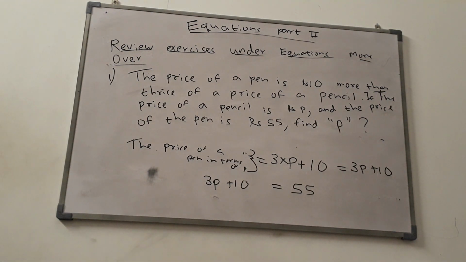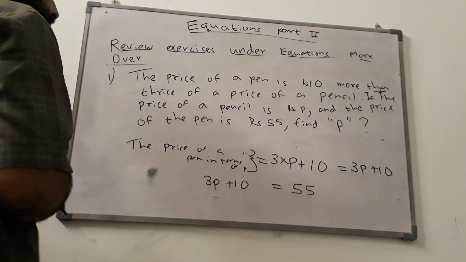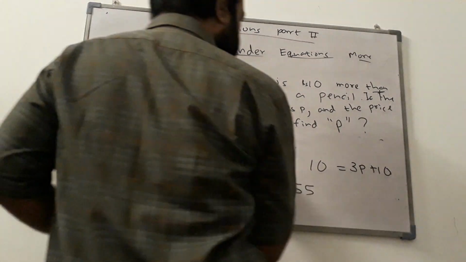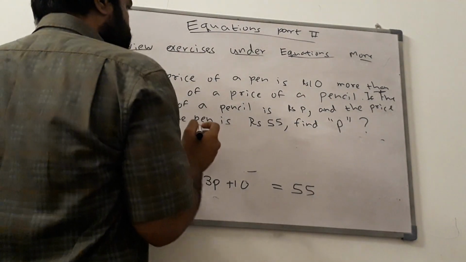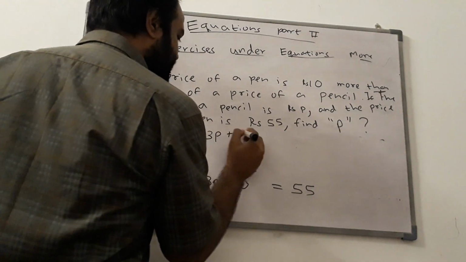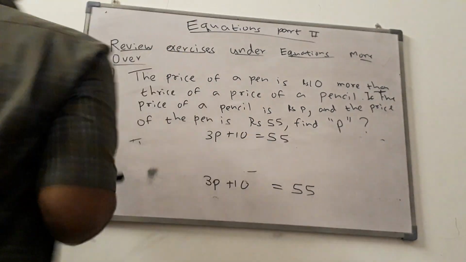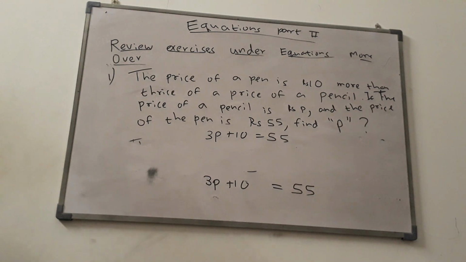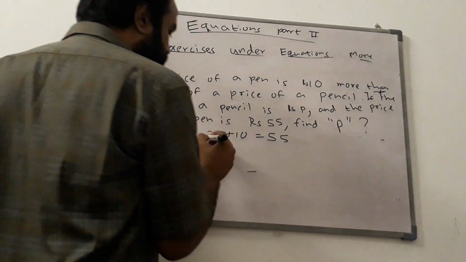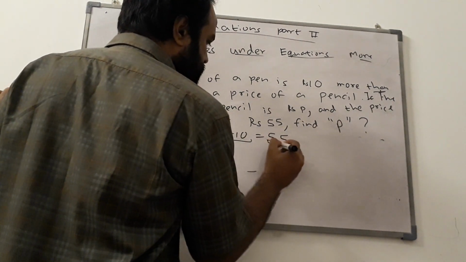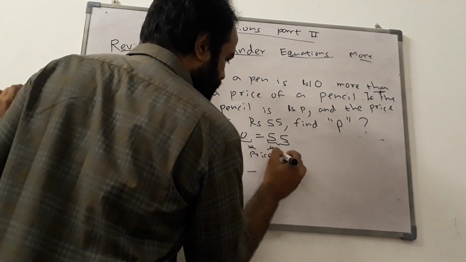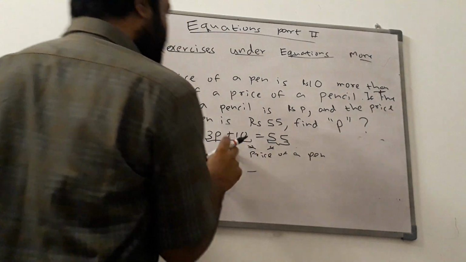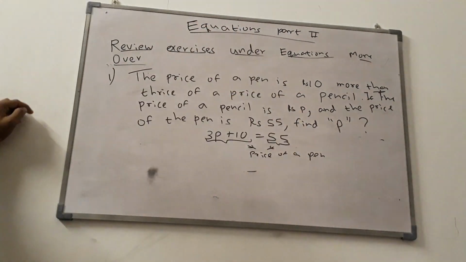So we can say 3P plus 10 equals 55. Here 3P plus 10 means the price of a pen, in P terms, and here in figures.